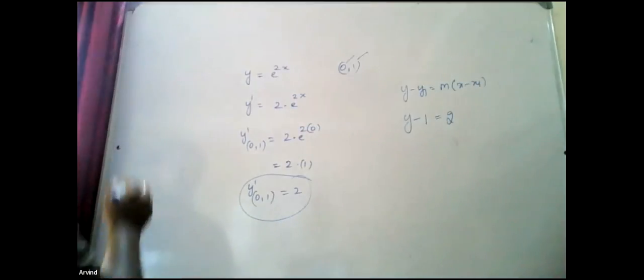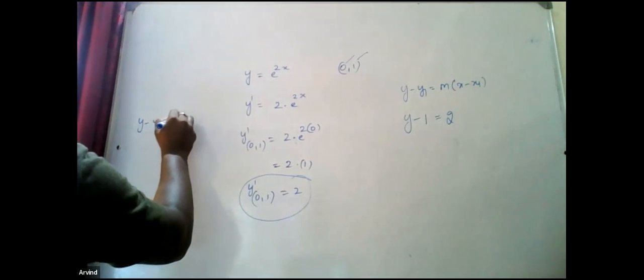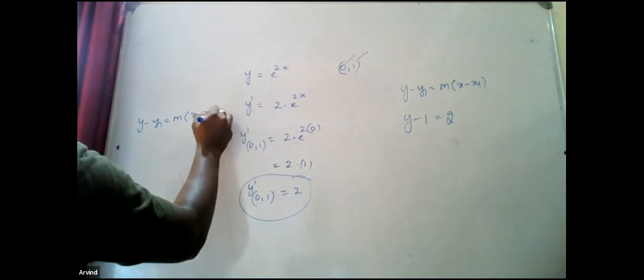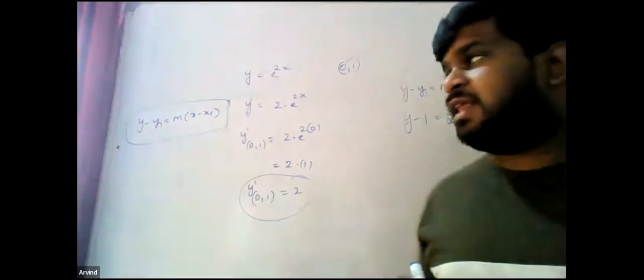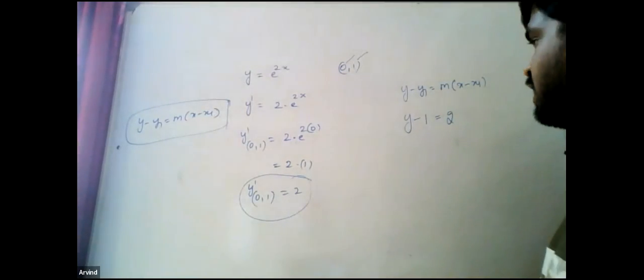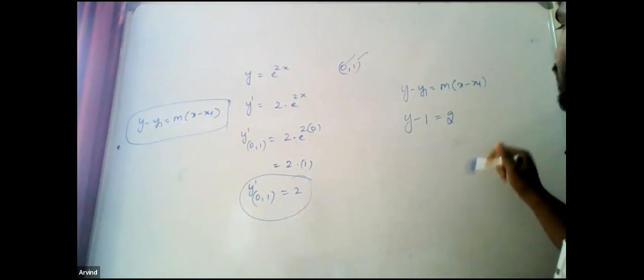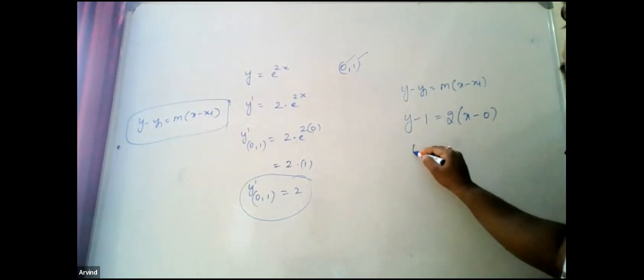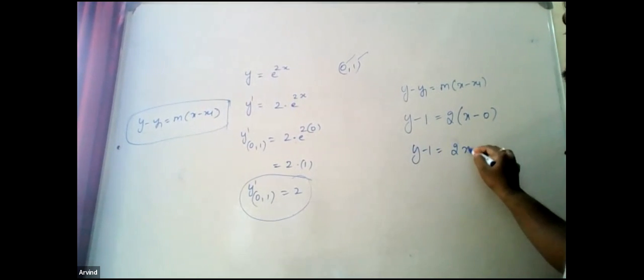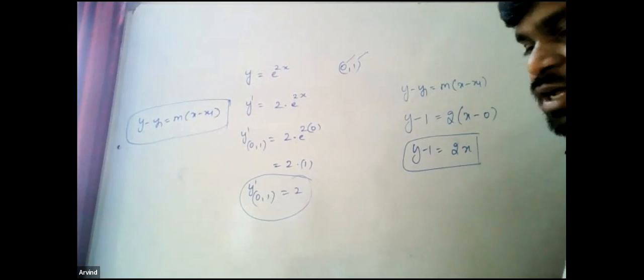I'm using that formula because it's a straight line. So y minus 1 equals 2 times x minus 0, which gives y minus 1 equals 2x. This is the equation of the tangent.